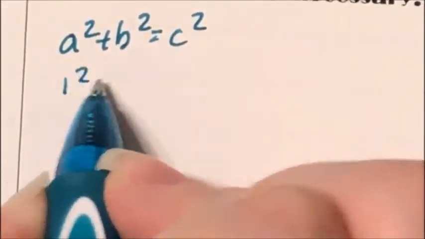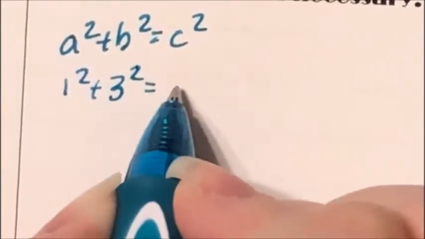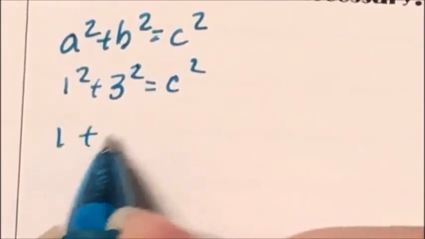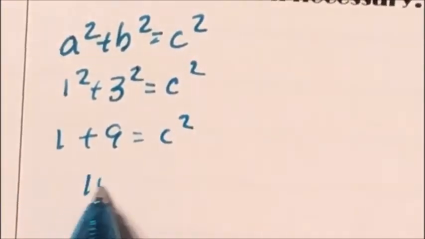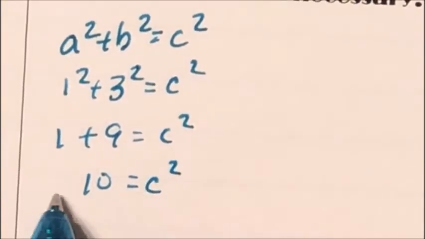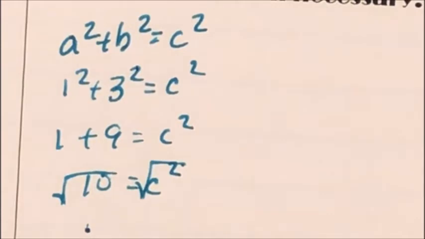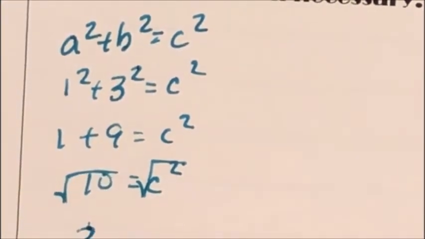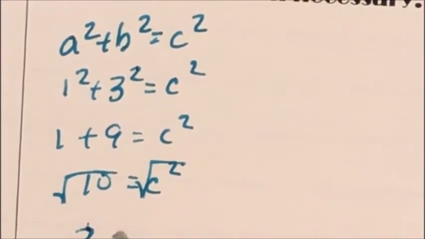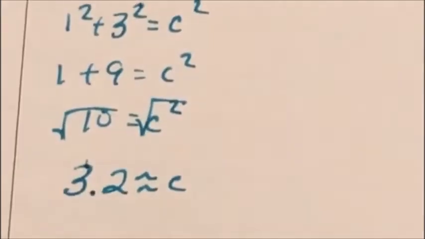So I have 1 squared plus 3 squared. 1 plus 9 equals c squared, so 10 equals c squared. Square root of 10 is approximately 3.2. Okay, so I can either use the Pythagorean theorem or I can use the distance formula.